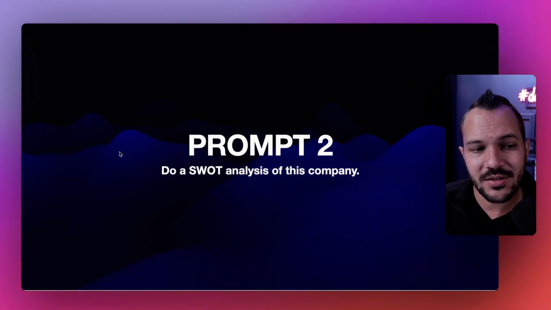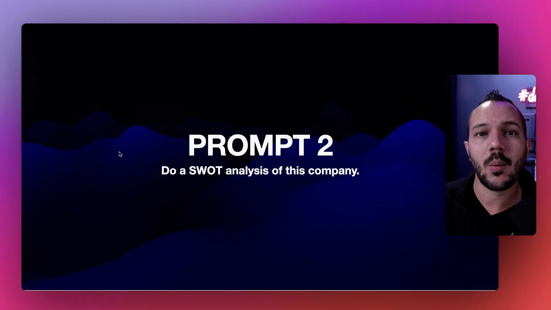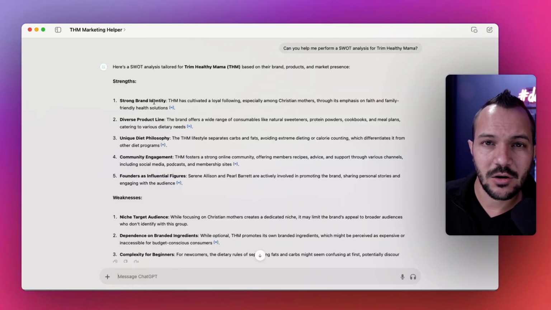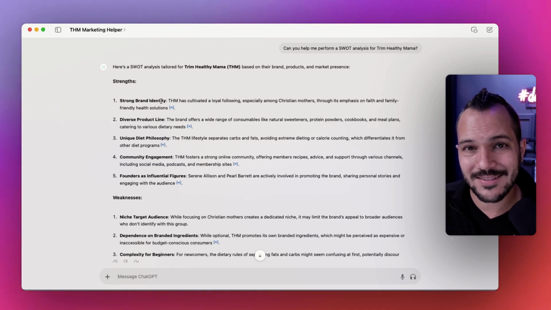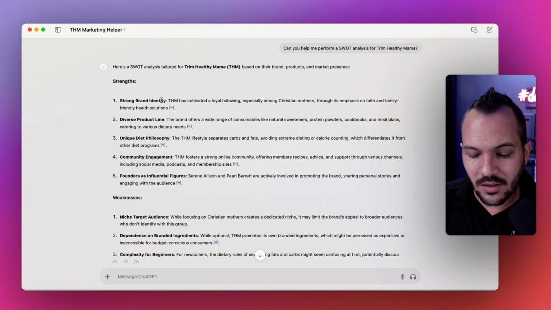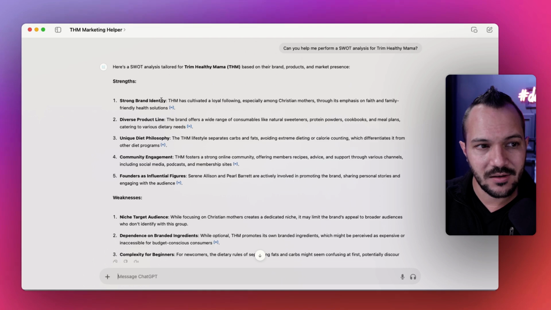And before I get to the fun part, the last step in a SWOT analysis, let me show you what I got when I ran my employer through it. Now, I work for a company called Trim Healthy Mama. Yes, it's a mom blog that blew up years ago with a viral book around weight loss and healthy eating for essentially like alternative health mamas.